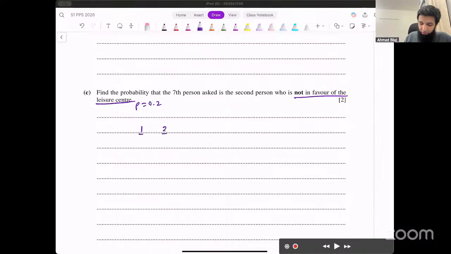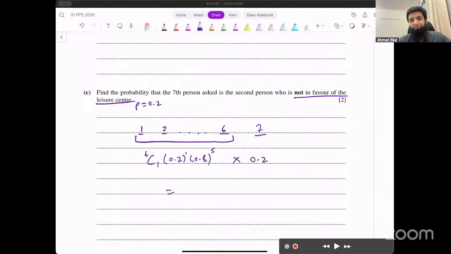You'll say 1, 2, 3 all the way up to 6, and in the first 6 you want one success, so that will be 6C1 into 0.2 raised to power 1 into 0.8 raised to power 5, and then the seventh one has to be a success, उसकी probability 0.2, and that will give you the result. ठीक है, make sense?